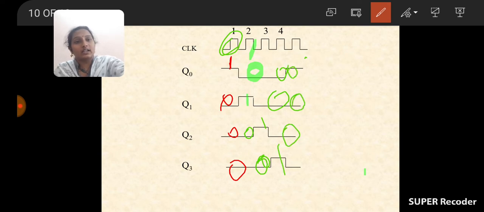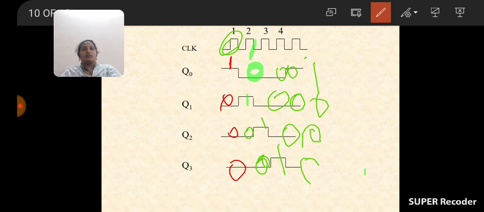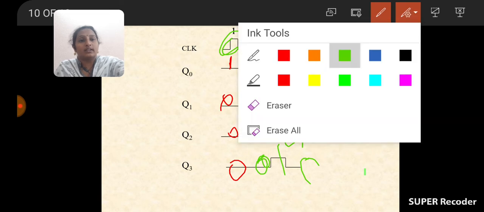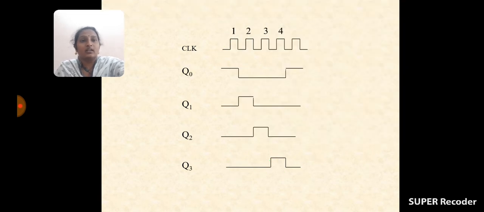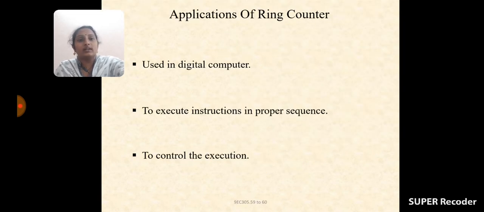At the next clock pulse it is 1 again and the rest are 0 0 0. Means after every 4 clock pulses the output repeats in the ring counter. That is the main advantage of the ring counter. And see here where ring counters are used.